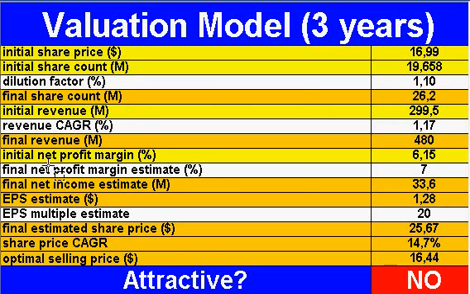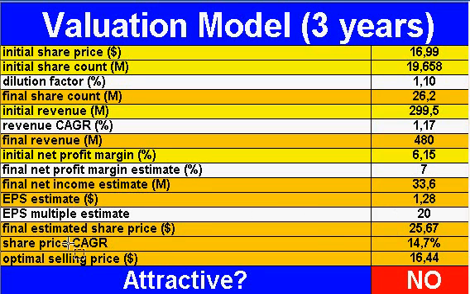As for the final net profit margin estimate, I put here 7%, because I expect the merger results to improve net profit margin, but not by much, and I can't give it an earnings per share multiple estimate higher than 20, because a telecom business usually doesn't have a very high earnings multiple, so 20.